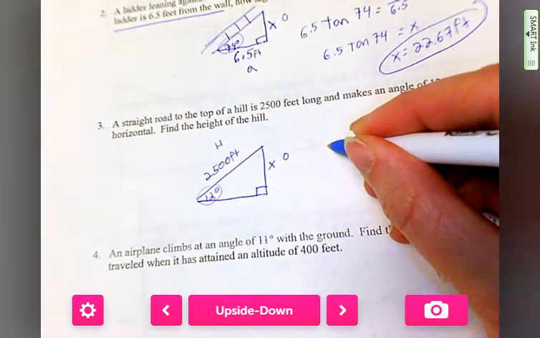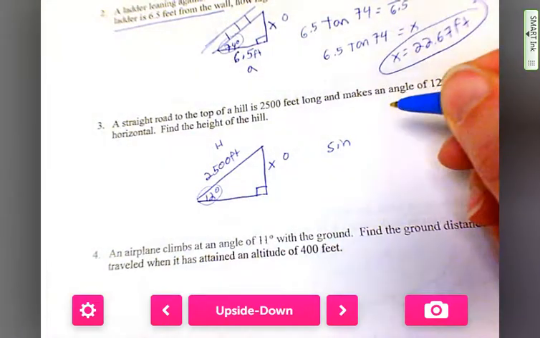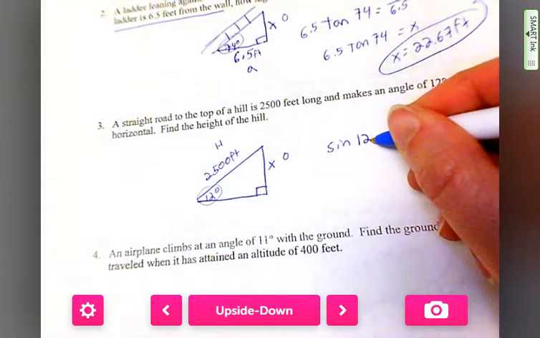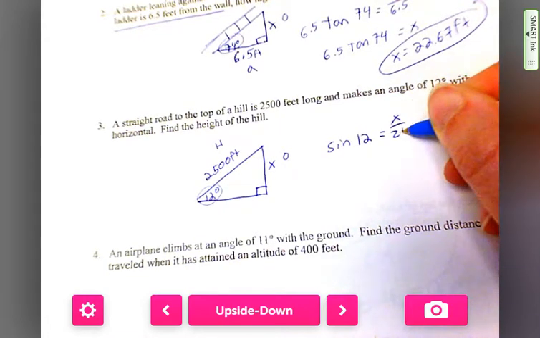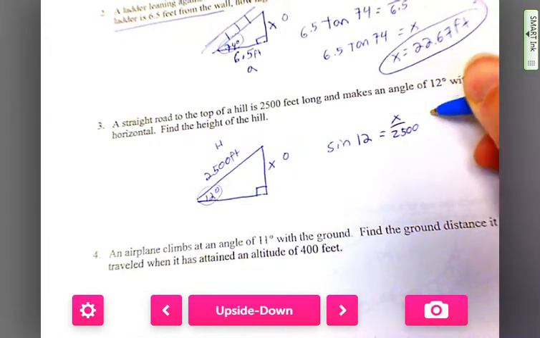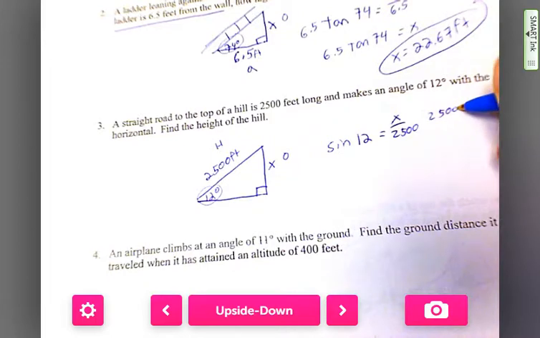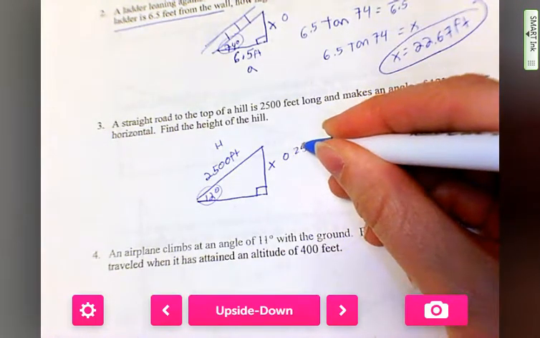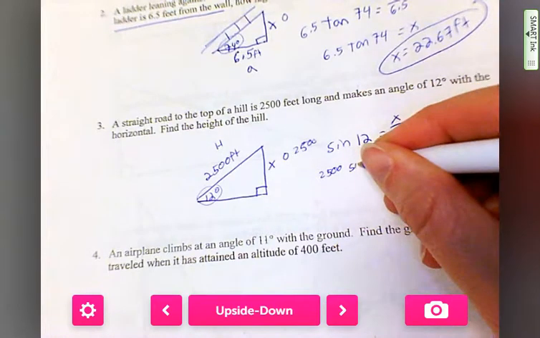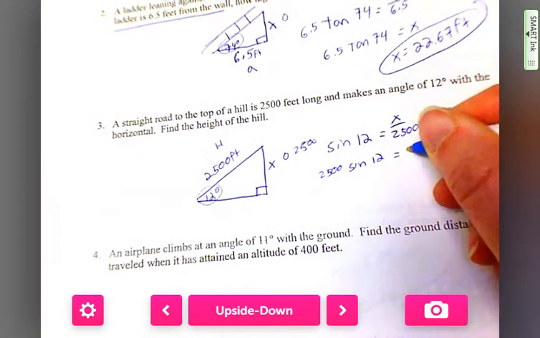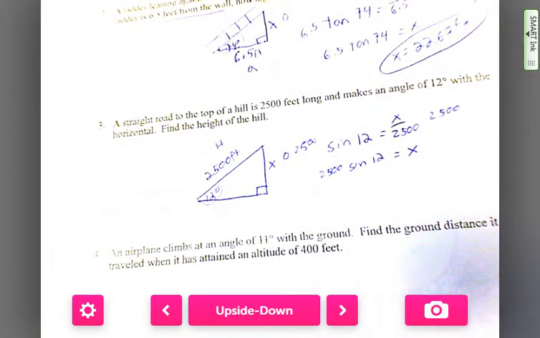So I'm going to go sine of 12 equals x over 2,500. Multiply 2,500 on both sides. 2,500 sine 12 equals x. So I put that in my calculator, and what do we find, guys?